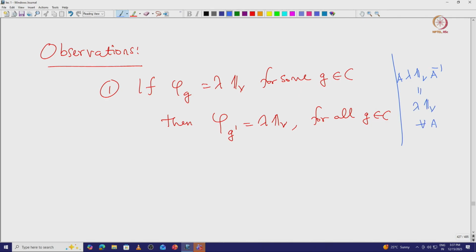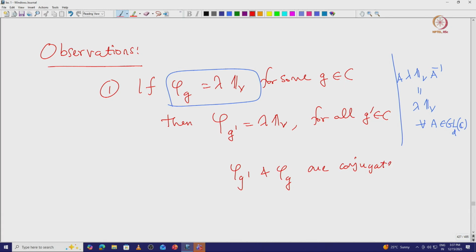So the conjugate of this phi(g) is again lambda times identity, but since phi(g') and phi(g) for any g' in C are conjugate, we get this result.